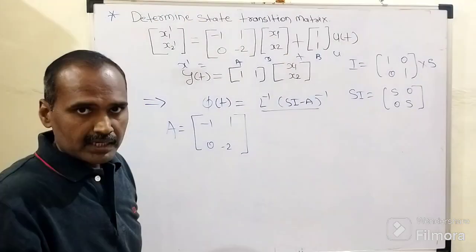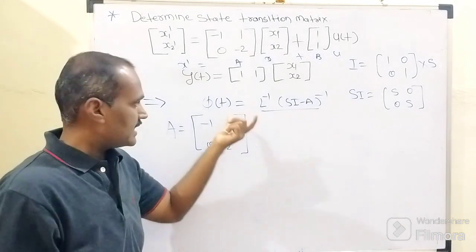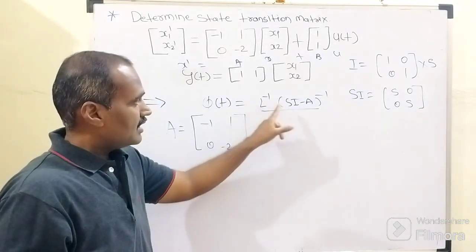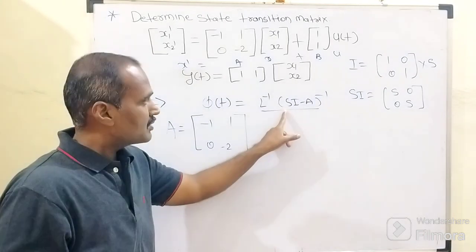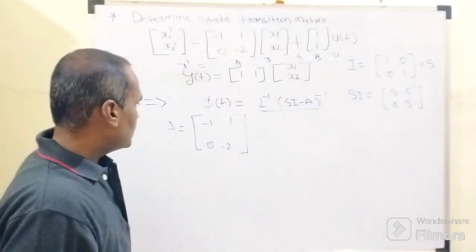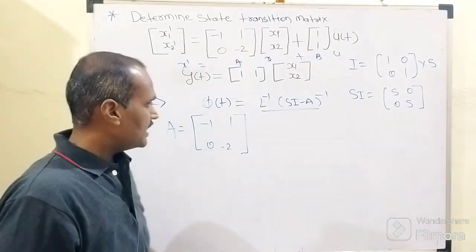But what we want, in order to decide the coefficients of this state transition matrix denoted as phi of t, is the inverse Laplace of the whole term, that is (sI minus A) inverse. So one by one we need to determine. Already this matrix capital A has been declared.